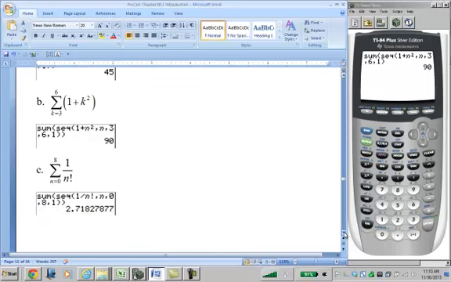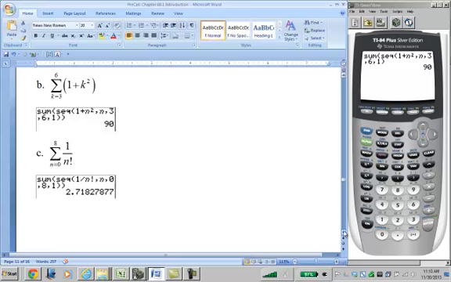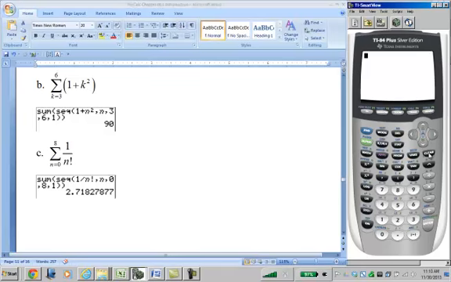Now here's the first 8 terms of 1 over n factorial. We'll do this again. Second, stat, arrow over to math, 5 for sum, where you just put in the parameters. Now this would be a fun thing to program.